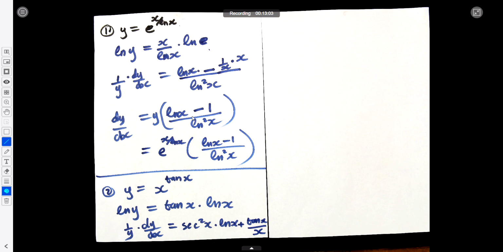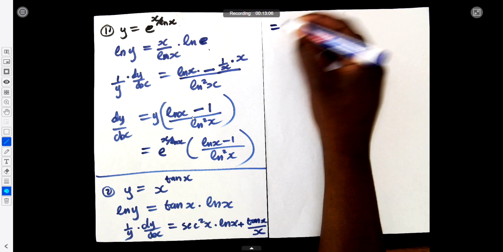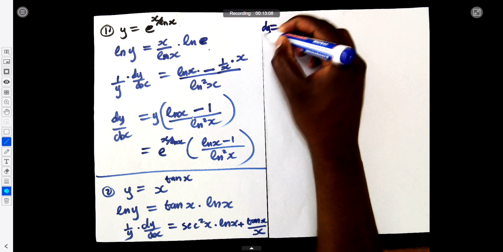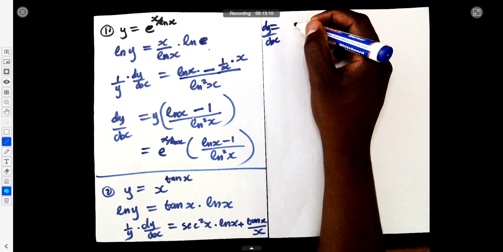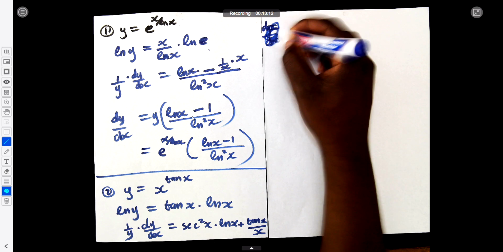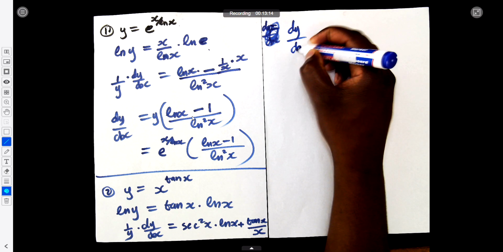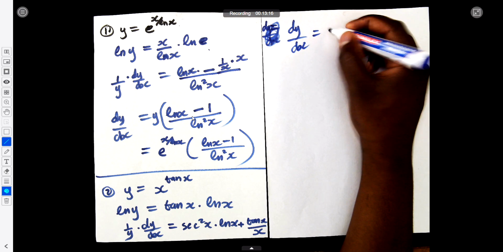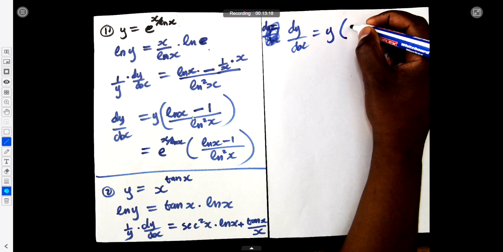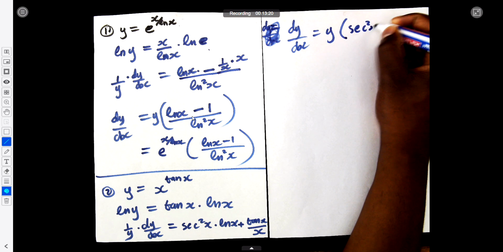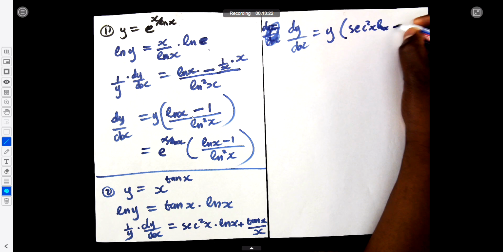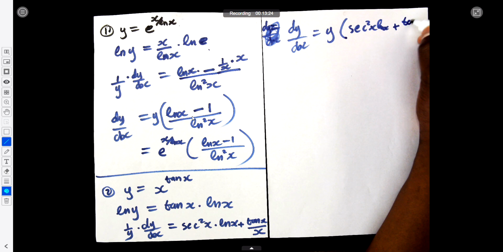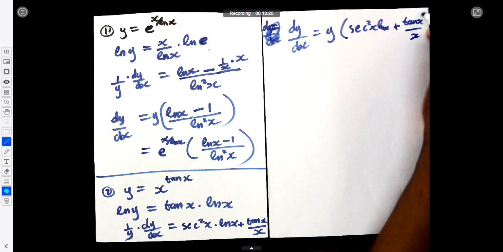Then from there, we need to multiply by y on both sides. So we'll have dy over dx, which is equal to, multiplied on both sides, sec squared x ln x plus tan x over x.